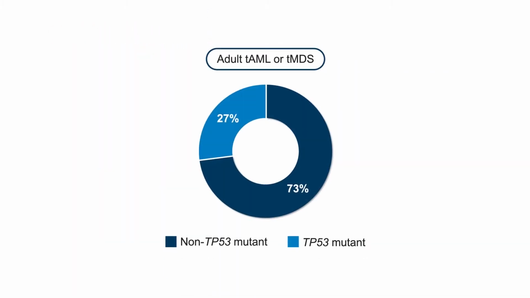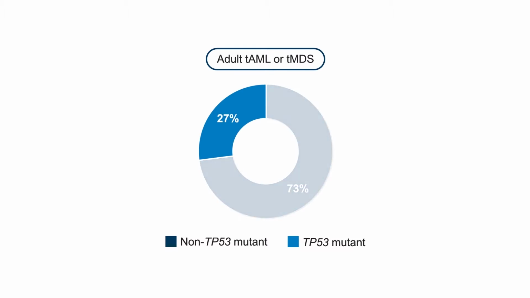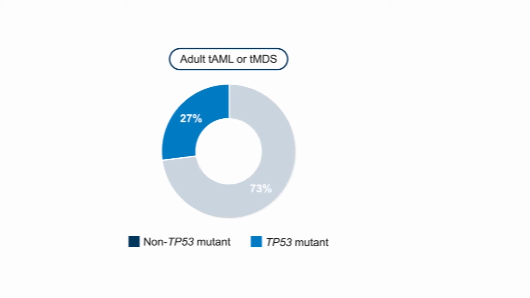When we look at other subtypes of AML, for example, therapy-related AML, which is AML that arises in patients who had been previously exposed to chemotherapy or radiation therapy, the incidence of P53 mutations is actually much higher and reaches 27% in certain data sets.